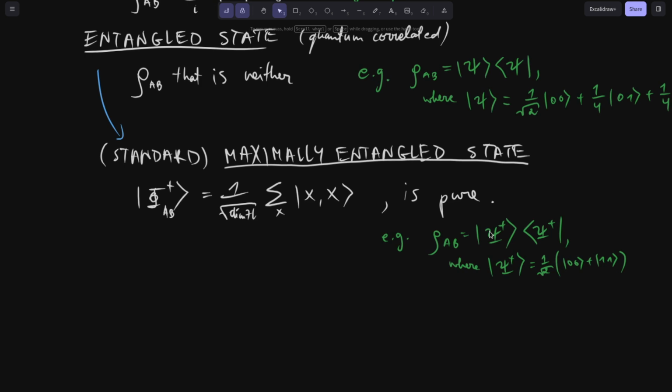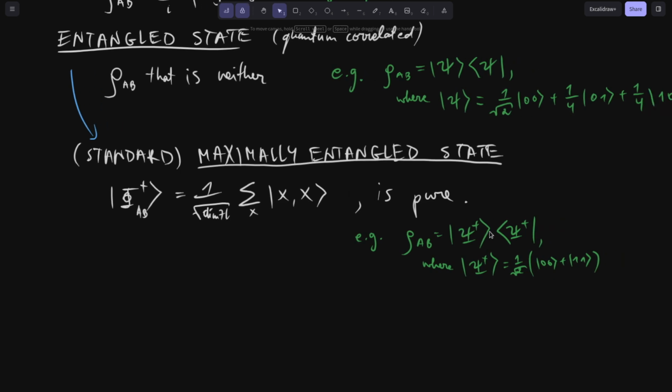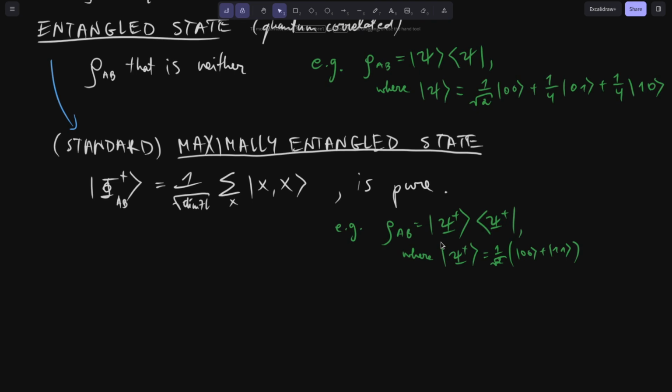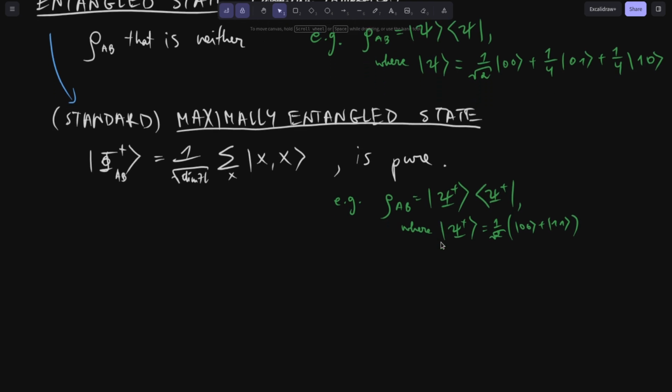And then we have standard maximal entangled states. We're not gonna have many more examples. They have some properties. We can talk about it maybe in another video. So here we have the maximal entangled state. And as you can see, it's 0, 0, 1, 1.